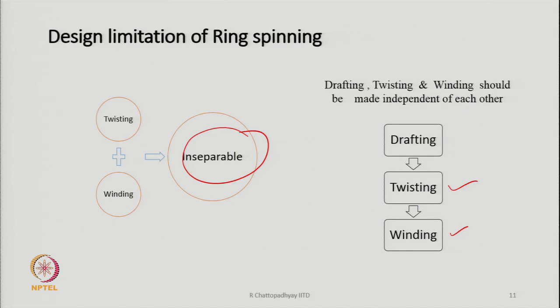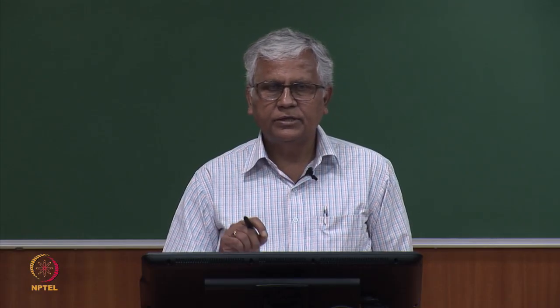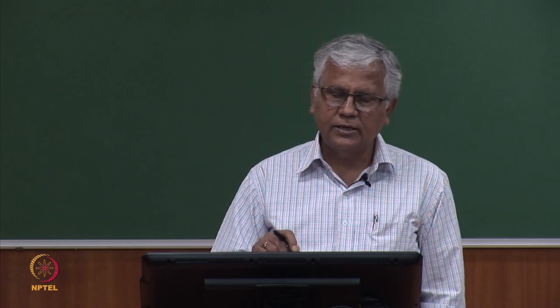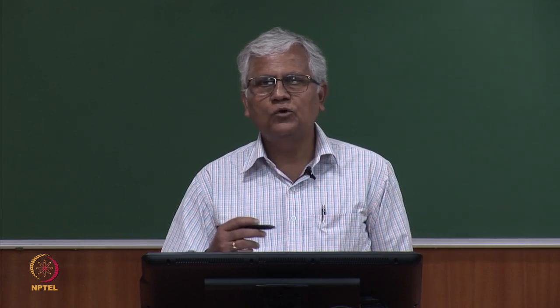In ring spinning technology, they are not independent of each other. The same element is responsible for twisting as well as for winding. So, these two processes are inseparable. If we can separate these two processes, make them independent of each other, then there would be a possibility to raise the production rate phenomenally.